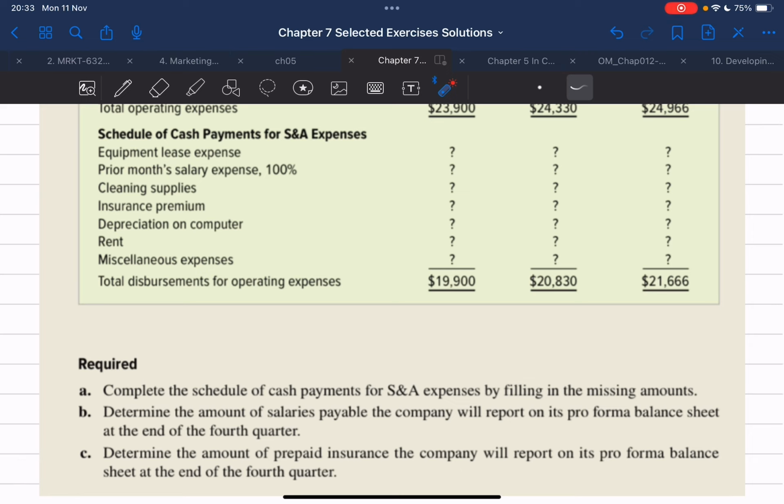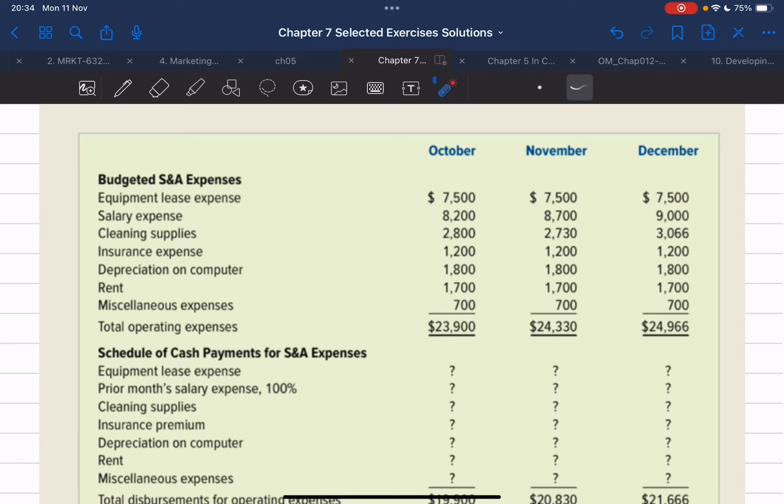Starting with the equipment lease expense, let's go back to the budgeted S&A, and as you can see, we have the amounts right here. Now notice, all of these are going to be copied the same except for a few things. The salaries expense, first of all: the question told us that it's going to be paid in cash in the following month.